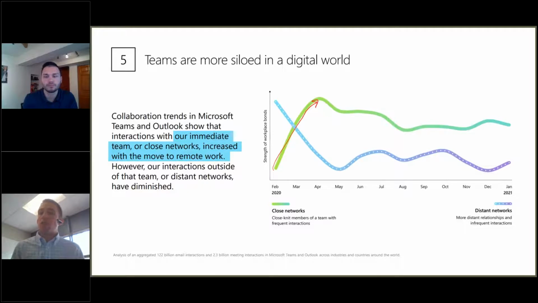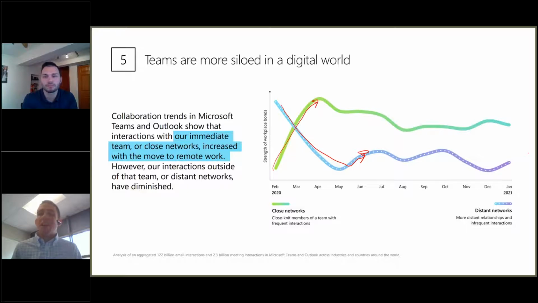But the people we didn't interact with a lot, the distant relationships, the relationships that you only encountered via informal interactions, you met them at the happy hour, at our beer 30s on Fridays, those didn't happen as frequently, especially in a way that gave you the one-to-one relationship. So the pandemic created this downward slope surrounding distant networks. We can sense this because this information is coming from real data that allows us to understand how our business is working.